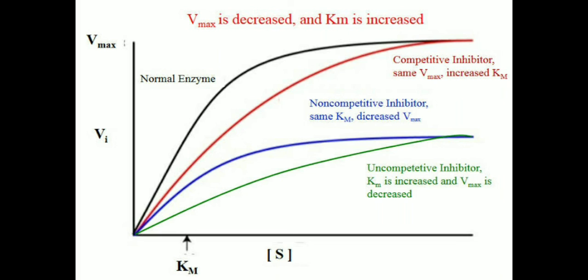In uncompetitive inhibition, Km is increased, meaning the substrate concentration needed for half of the velocity is increased, because some enzyme is blocked by the enzyme-substrate complex bound with inhibitor, and Vmax is decreased.